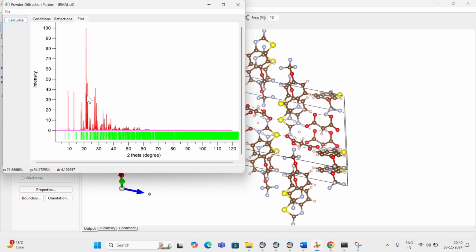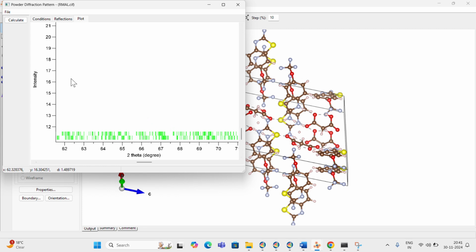So the higher intensity shows more scattering along that plane. All these peaks show different HKL planes present in the structure.